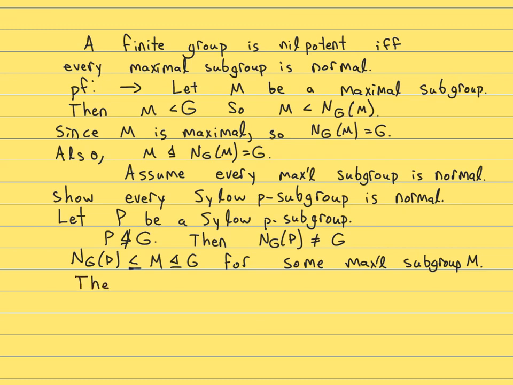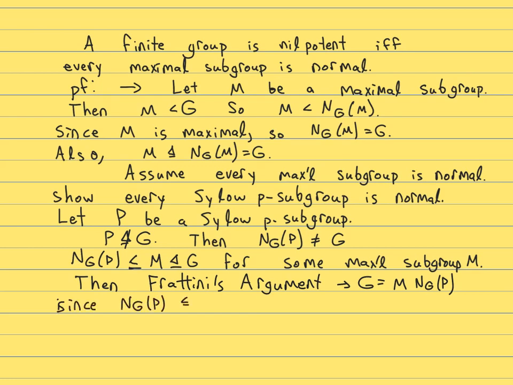So then Frattini's argument, and here's where I'm using M as normal because maximal subgroups are always normal, tells you that G is equal to M times the normalizer in G of P. Of course, since the normalizer in G of P is actually already a subgroup of M, we have that G is equal to M, which is a contradiction because maximal subgroups can't be equal to the group that they're maximal subgroups of.